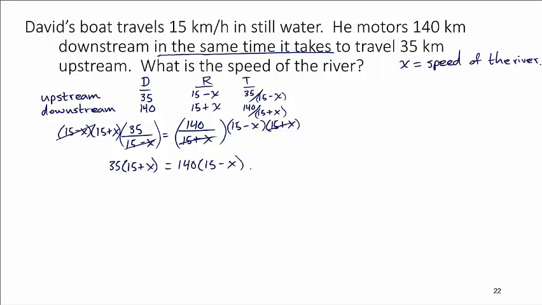Okay, so now we're going to distribute here. 35 times 15 is 525. Don't be afraid to take a calculator to that. I just did. So we have 525 plus 35x equal to 140 times 15, which is 2100, minus 140x.